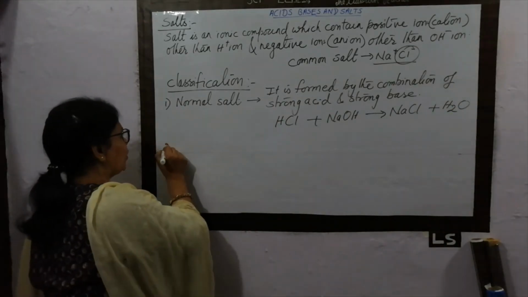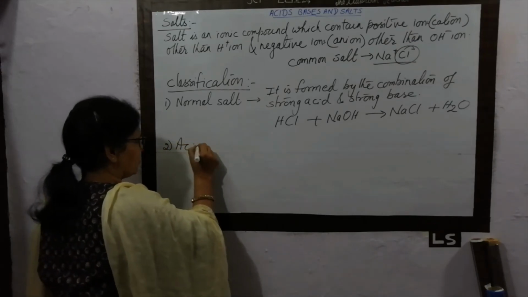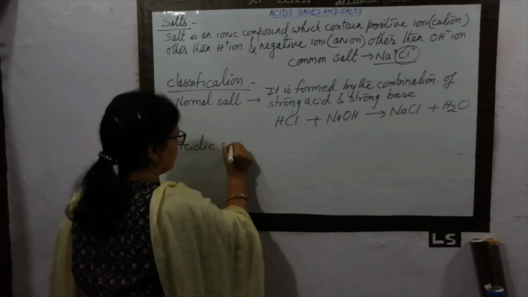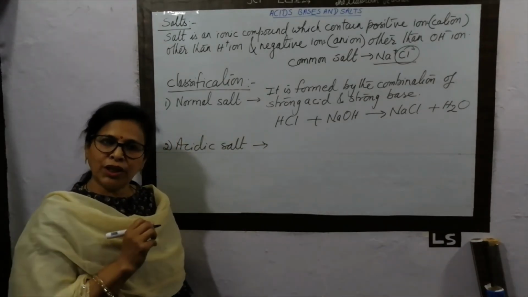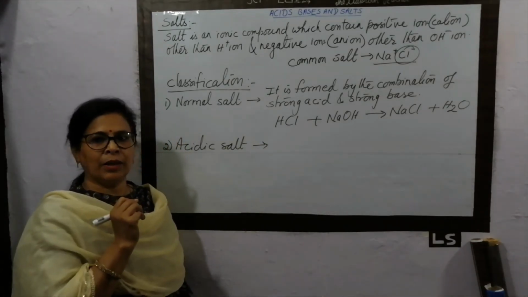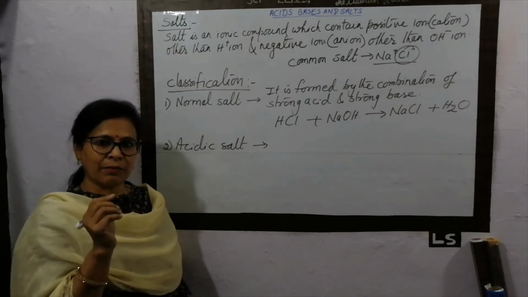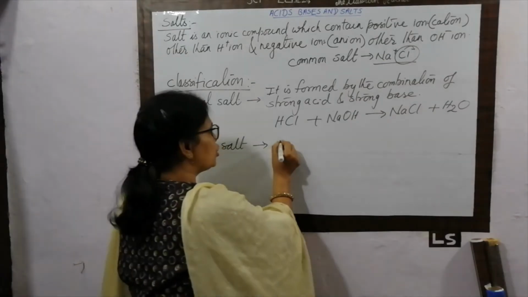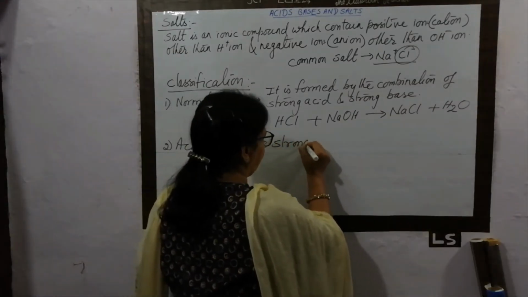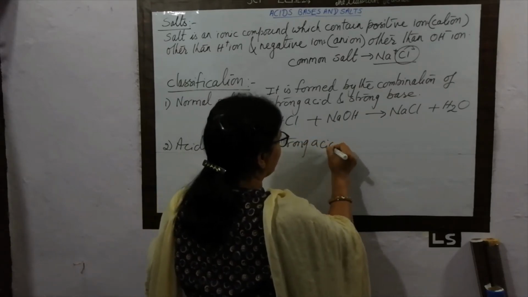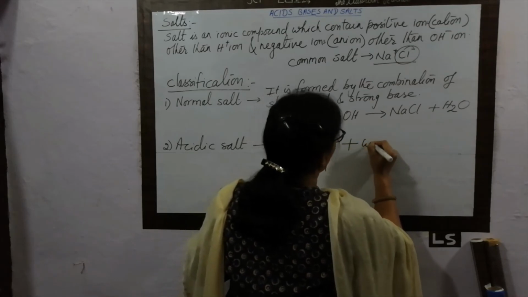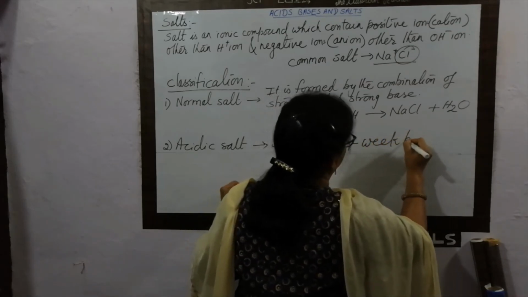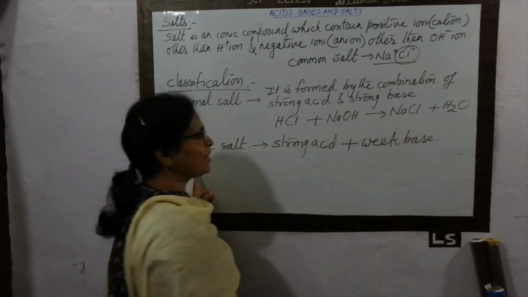The second is called the acidic salt. If a salt is formed by the combination of a strong acid but weak base, then the salt is called the acidic salt.